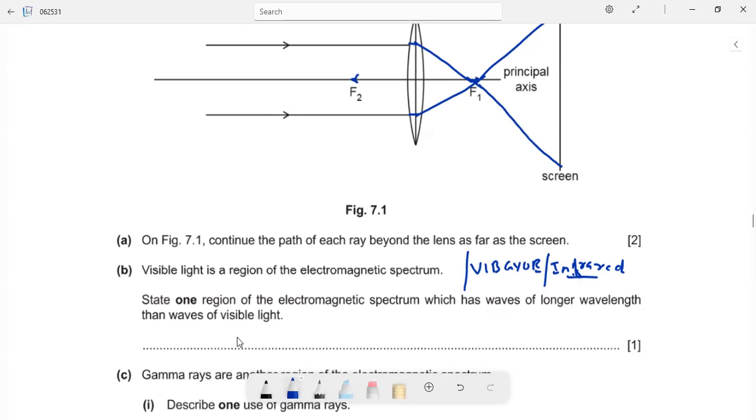So we can write the answer as infrared rays. Or next to that, microwaves and radio waves are there. So these three answers are correct. Either you can write infrared rays, or microwaves, or radio waves.